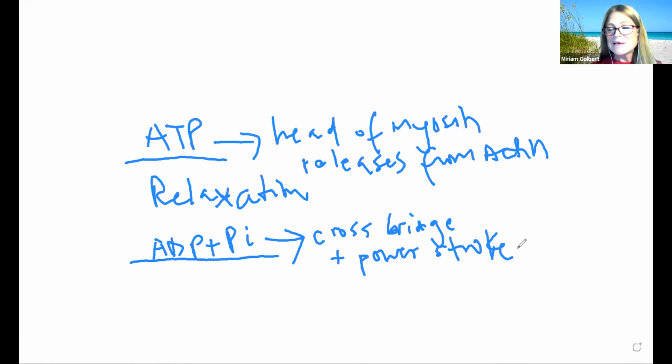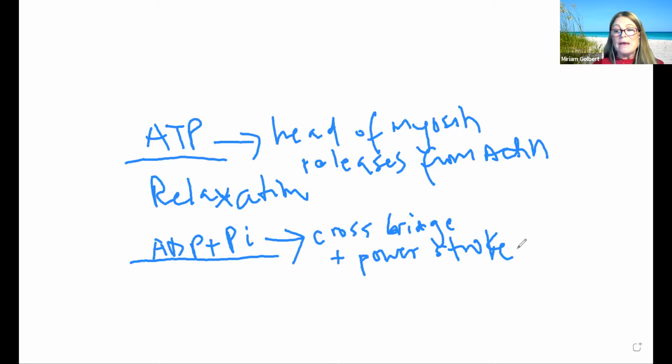Yes, please. So this is how you can remember, right? So ATP, detachment, relaxation. ADP plus Pi, attachment, power stroke, contraction, right? So when we die, obviously no more oxygen is coming in. So we need oxygen to make ATP, right?